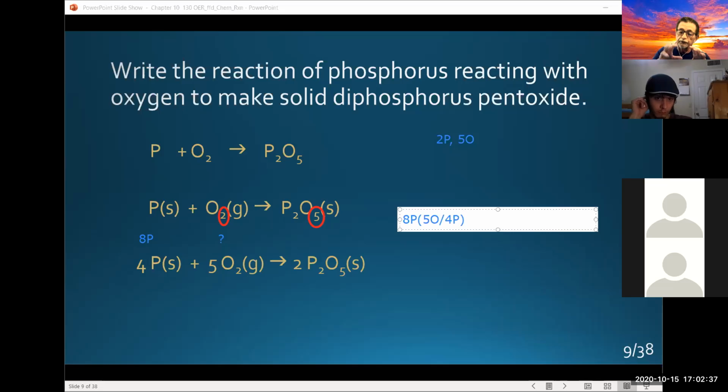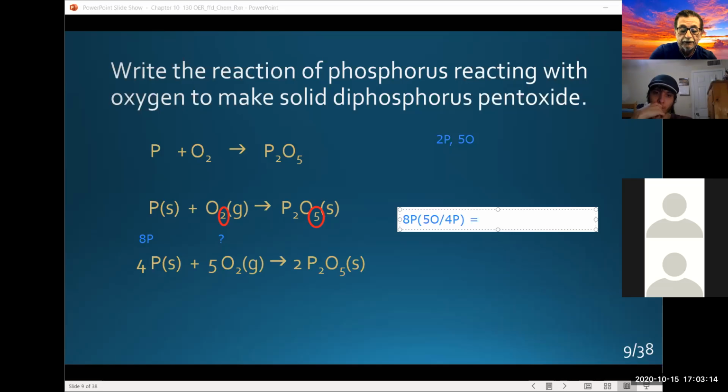Isn't that my ratio from the balanced chemical equation? Yes. Okay. Now, mathematically, do not my P's cancel? And what is left? Oxygen. I didn't put the O2, but, you know, that's oxygen. And so now my units cancel like they do properly, leaving me with units of oxygen, which is what the question asked. And so 8 times 5 divided by 4, what do I got?